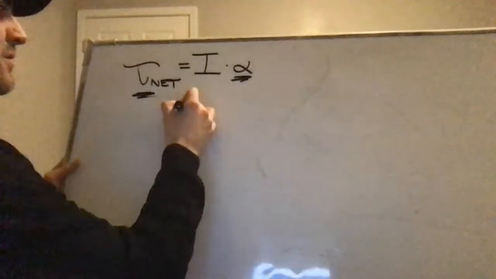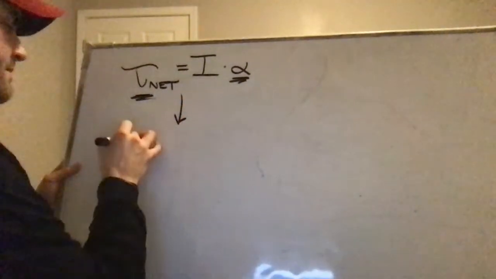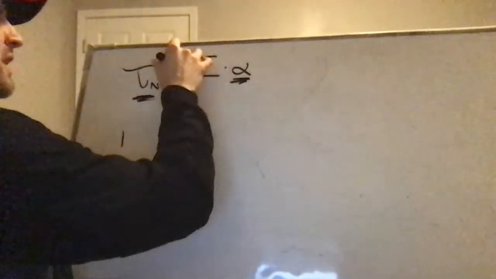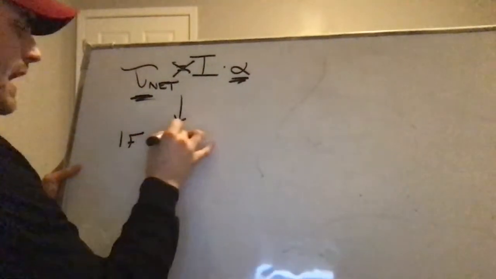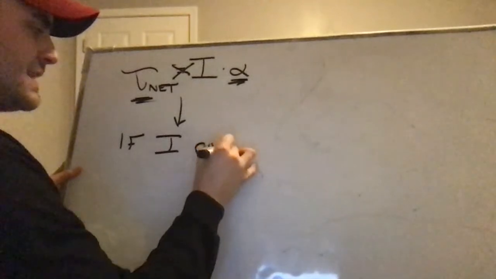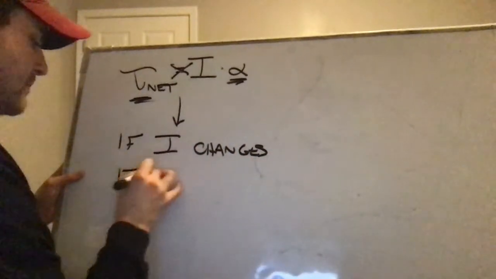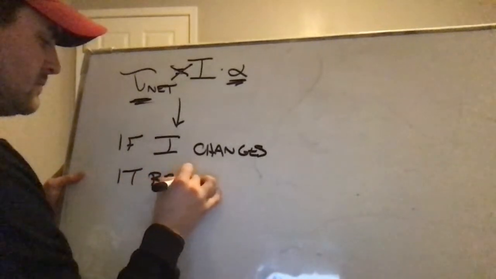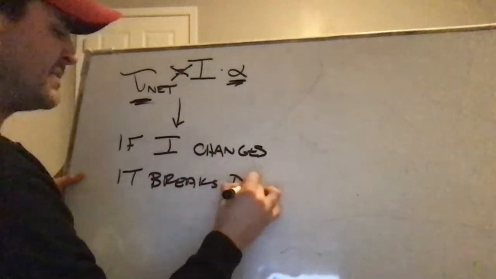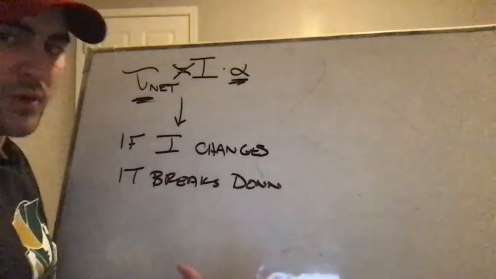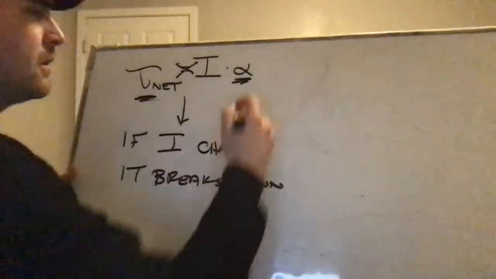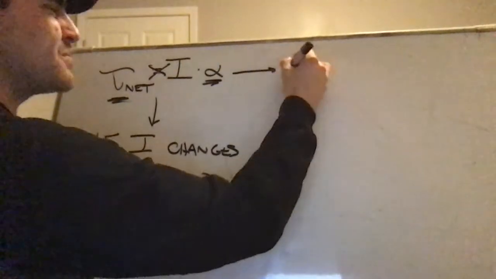This thing breaks down. This thing isn't true, so it doesn't work if I changes. If the shape of an object changes, it breaks down. Let's examine it closer. Why does it break down?